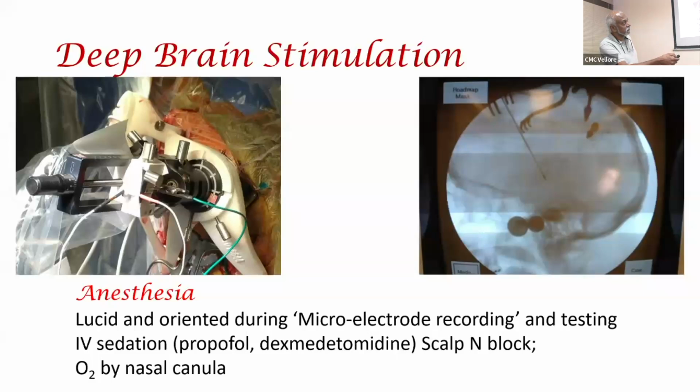Once you locate the right place, they take off all this and suture it, keep it there for 1 week, and then finally the generator is put right under the left clavicle. This patient needs to be awake because they want to check all these things. So we give a scalp block to make them numb, and we give IV propofol or dexmedetomidine, which has become a big thing in neuroanesthesia now.